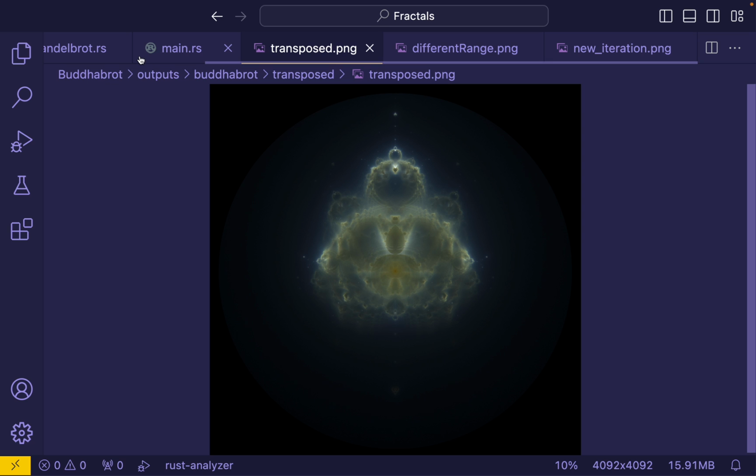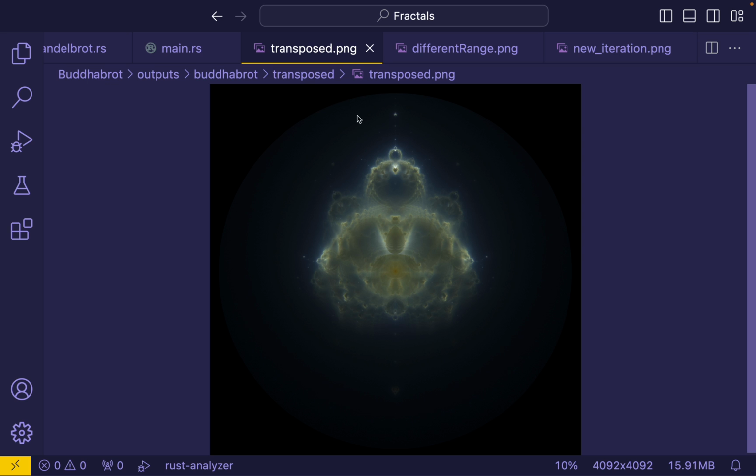Anyways, this was 4,000 by 4,000 pixels. I don't think that actually impacted the performance that much, because the main thing that impacts the performance is the total number of iterations, which is going to be changed by the maximum iteration, and also the number of points to iterate through.